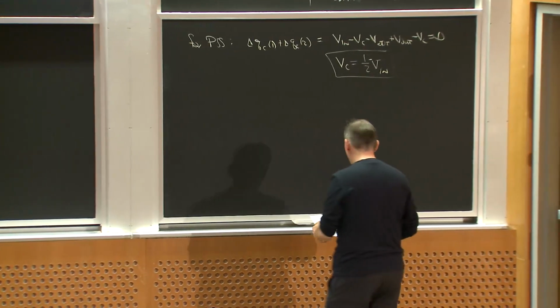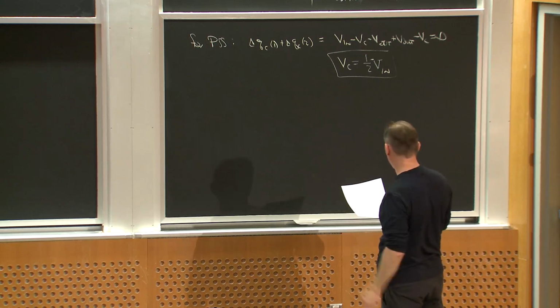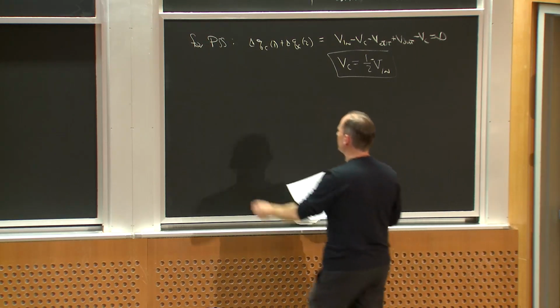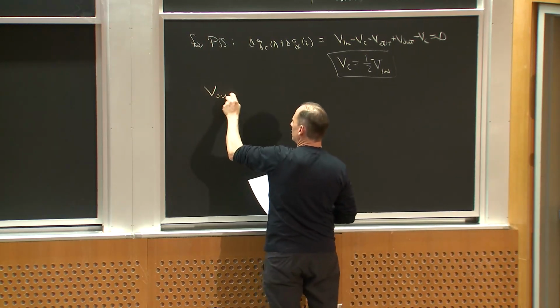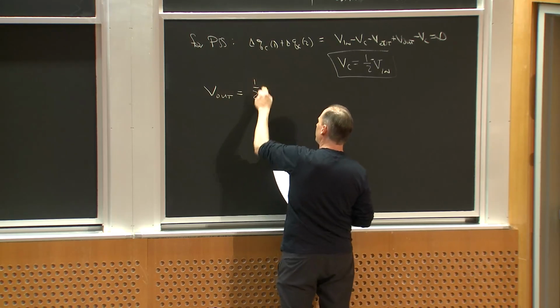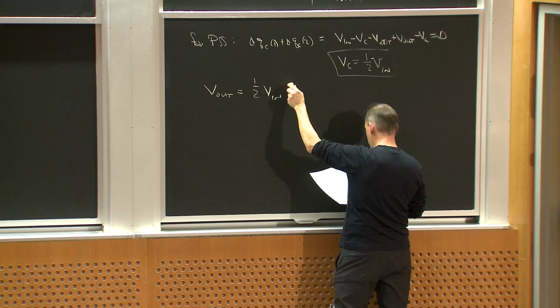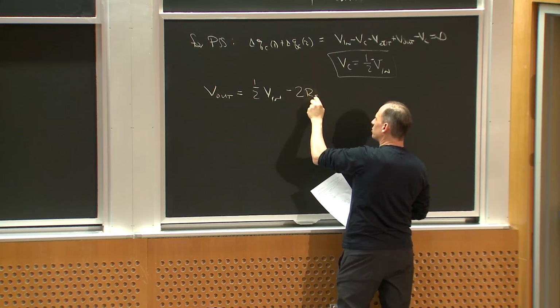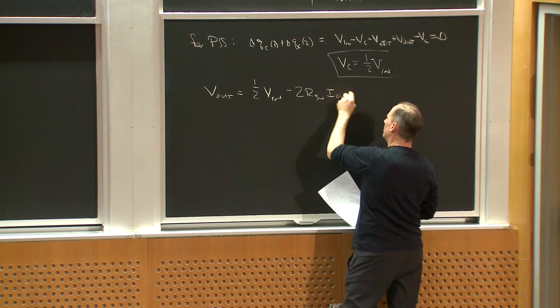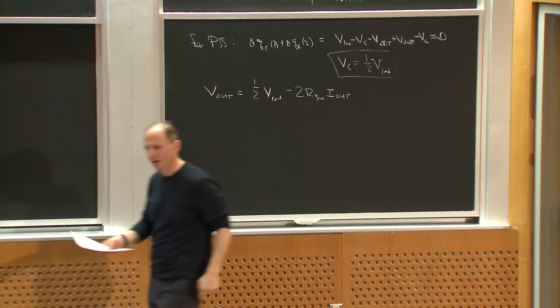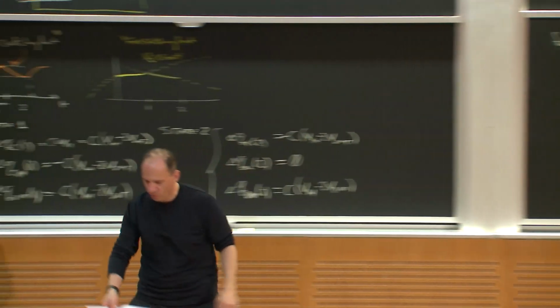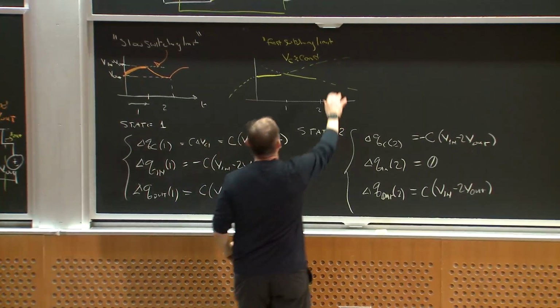I can calculate I out as being the sum of Q in and Q out. And what I get is V out is equal to 1/2 V in minus 2 R switch I out. Okay, so it's of the exact same format that I had up here.